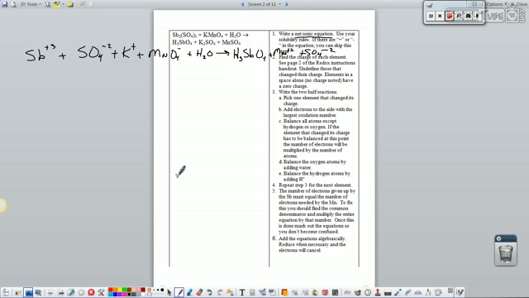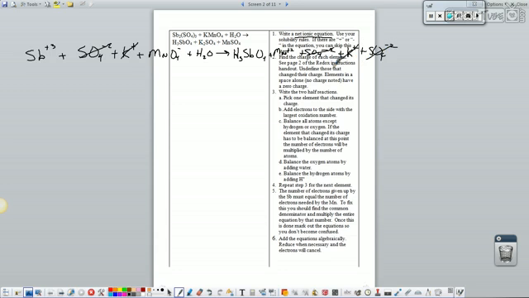Now we look for spectator ions. If you remember that discussion from the first 9 weeks, spectator ions are those things that are exactly the same on the left and the right of the yield sign. So SO4 is a spectator, and I can mark out SO4. I can also mark out K plus. Whoops, I forgot to duplicate, but plus K plus SO4 minus 2.